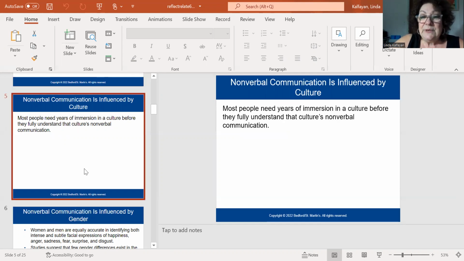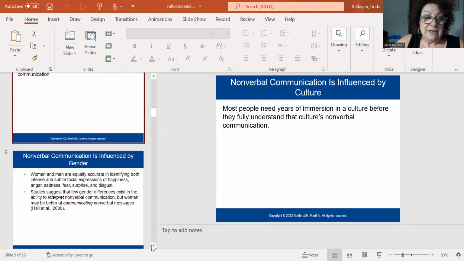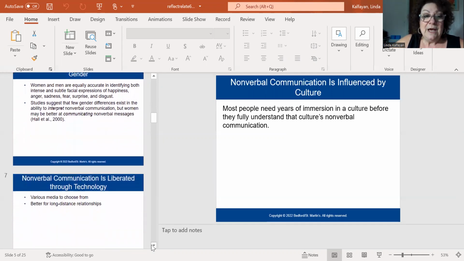Most people need years of immersion in a culture before they fully understand the culture's nonverbal communication. For example, Americans use their hands a lot. Other cultures do as well.